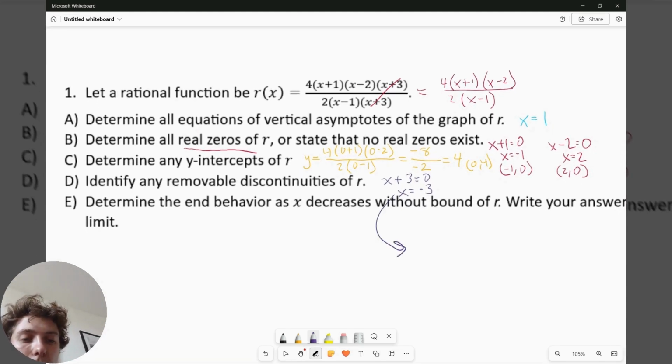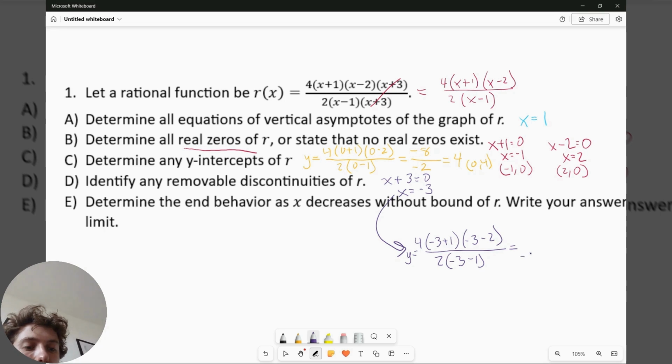So from there, I would take -3 and plug that into our simplified form to find the y value. So -3 plus 1, -3 minus 2, and -3 minus 1 on bottom. Simplify that real quick as well. The bottom looks like -8 to me.